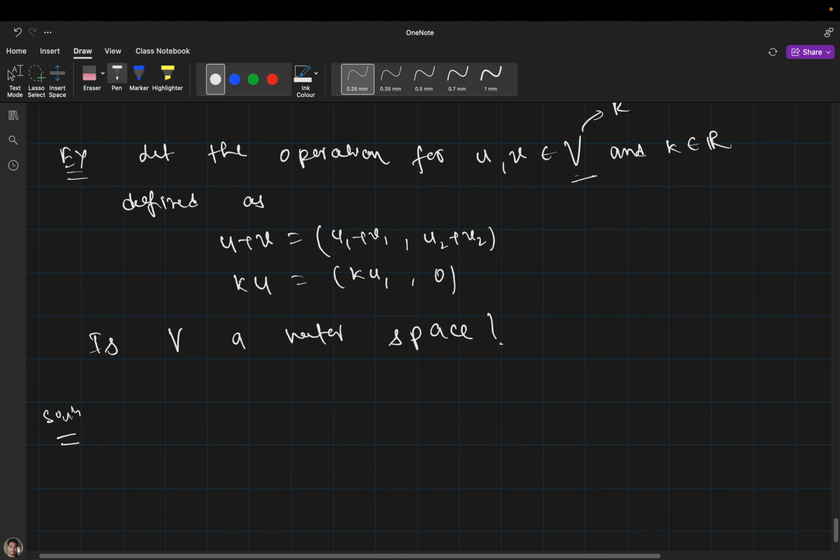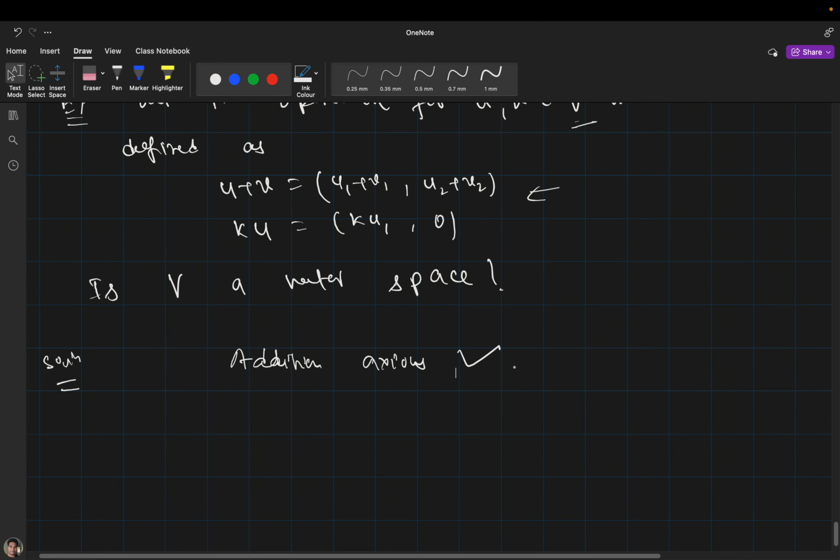You can see that all those operations on addition are valid. If you take any kind of u plus v, you will get this, and if you do v plus u, you'll also get the same. So the addition axioms are checked. Now let's take the multiplication operation.